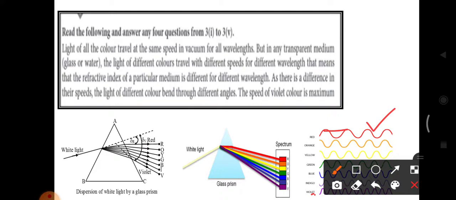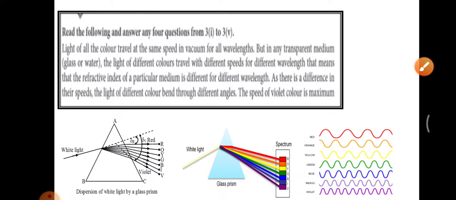So when the light travels in the vacuum, the speed of all the colors for all the wavelengths is the same. In vacuum, the speed of all color lights is the same.